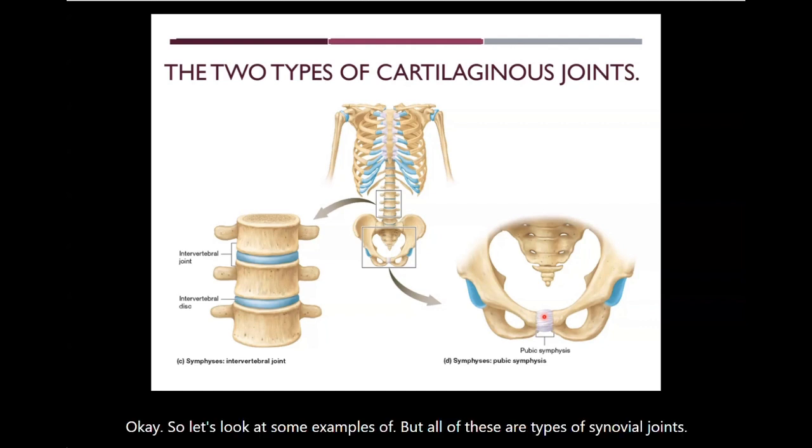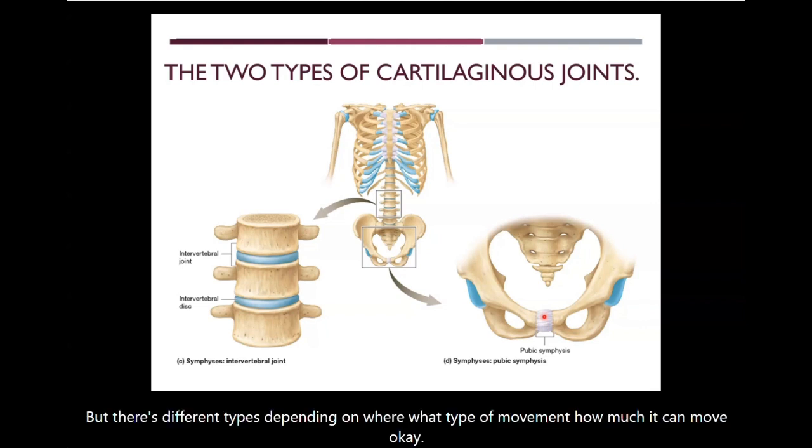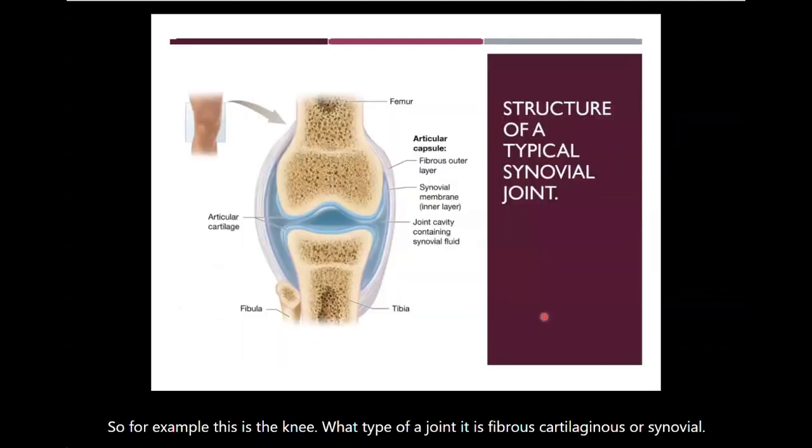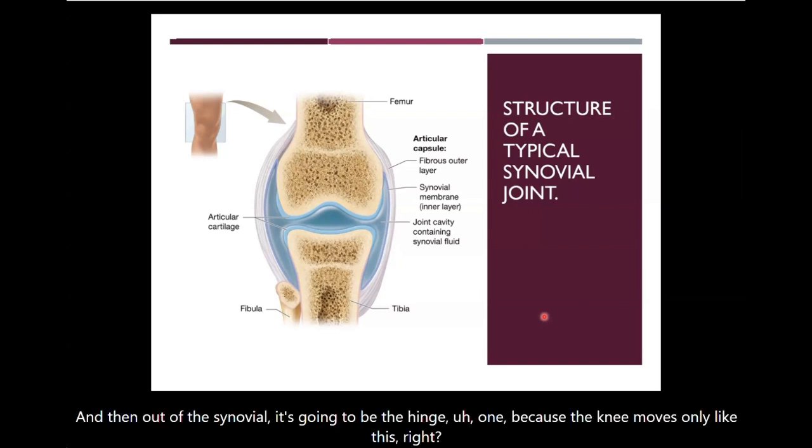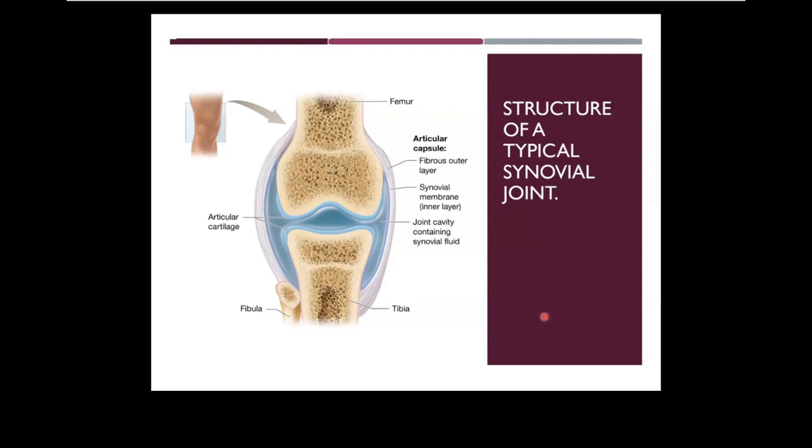So let's look at some examples. All of these are types of synovial joints, but there are different types depending on what type of movement, how much it can move, okay? So for example, this is the knee. What type of joint is it? Fibrous, cartilaginous, or synovial? Out of the synovial, it's going to be the hinge one because the knee moves only like this, right?